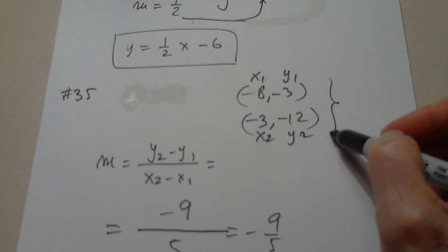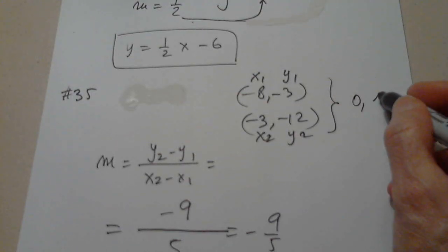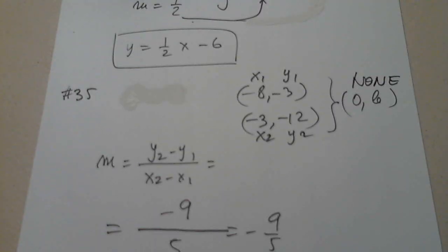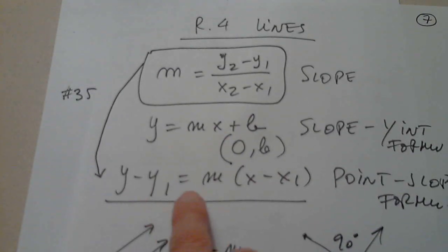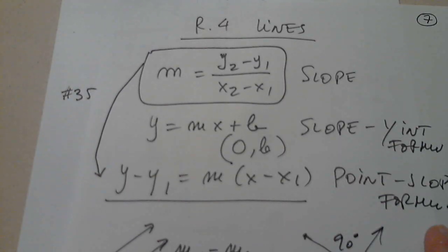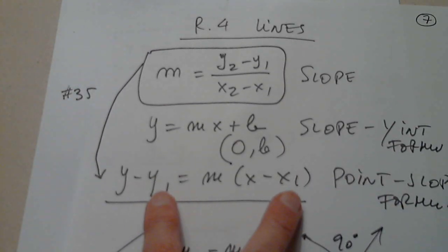Notice that none of them is 0, a number. Because I do not have 0, a number, I am forced to use this equation, the point slope formula, in which it doesn't matter which point I use.